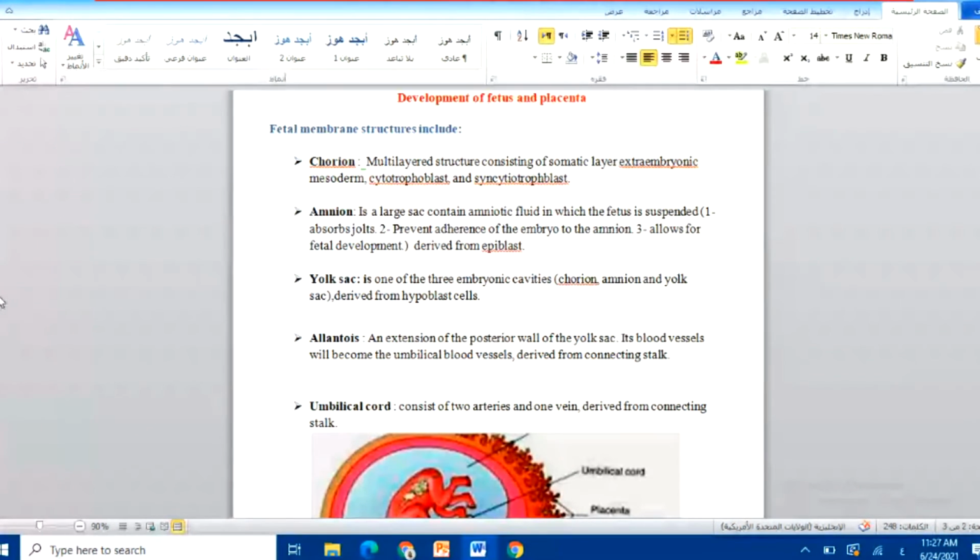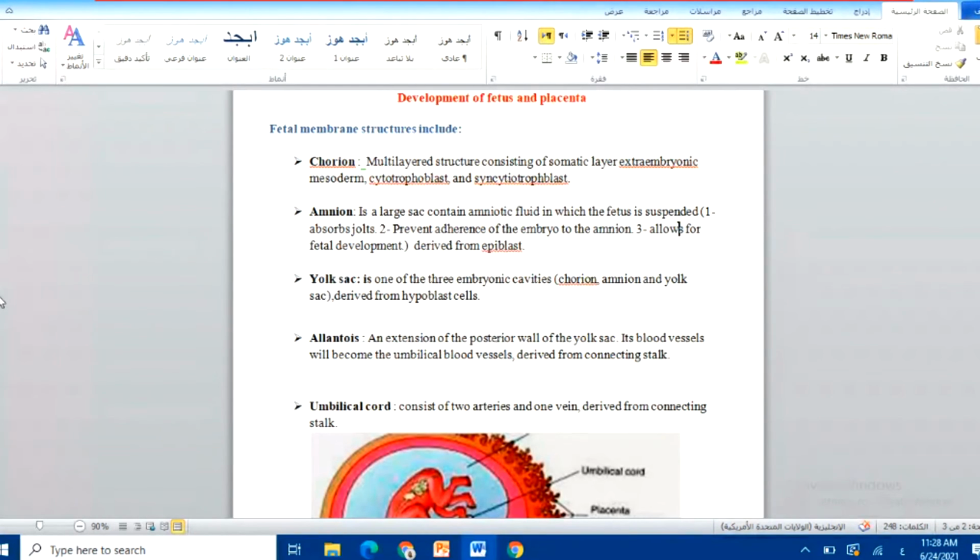What else can we say? The fluid itself will be swallowed by the baby. I mean, the fetus will swallow this fluid and urinate it to the outside of his body. This helps the fetus start some vital processes or activities inside its body.